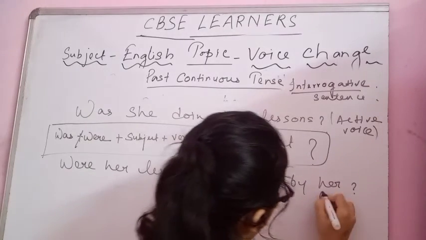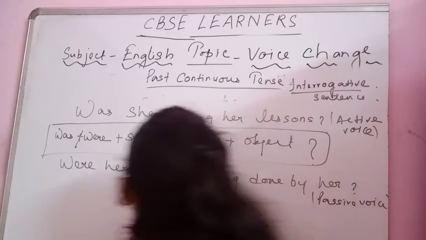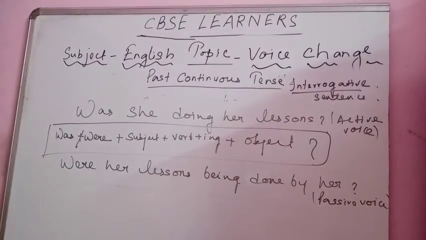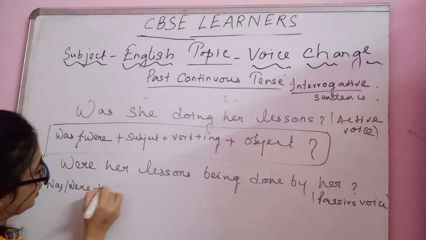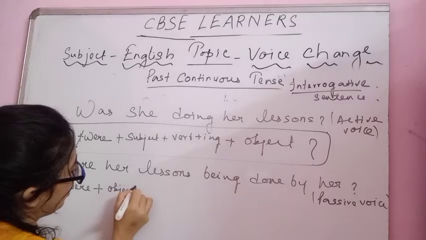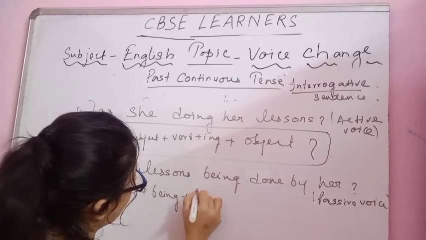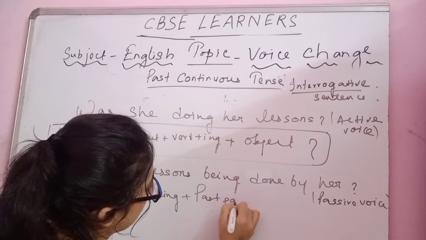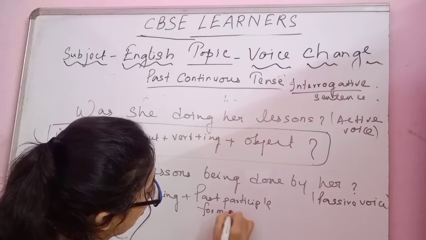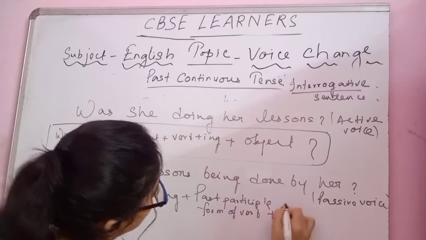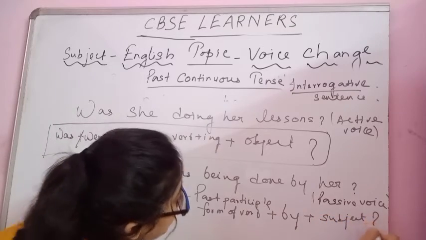So this is in passive voice as the focus is on her lessons, which is the object. So we'll be using was or were plus object plus being plus past participle form of verb plus by plus subject with a question mark.